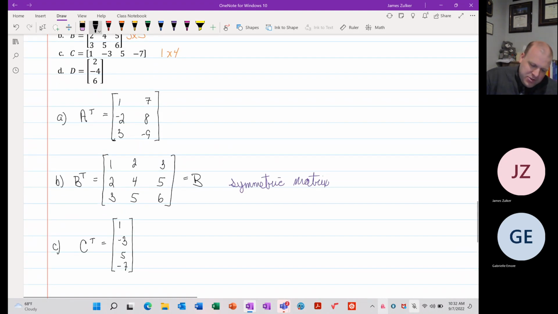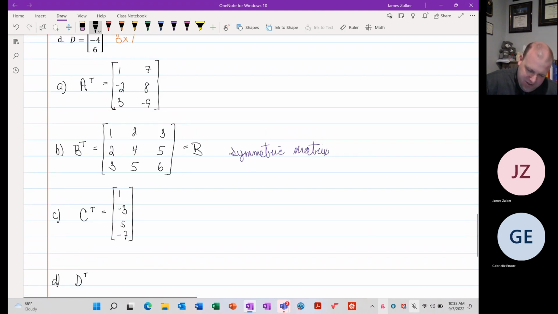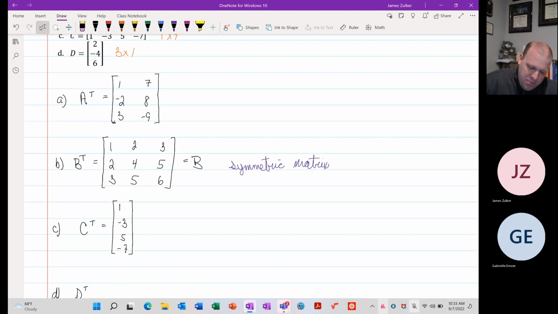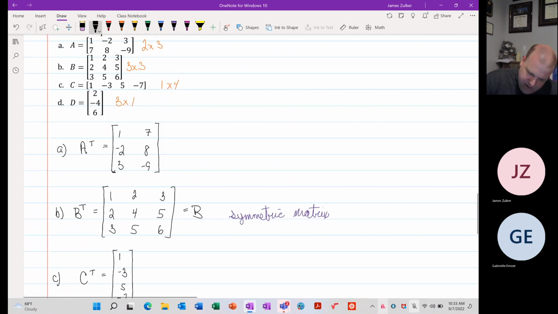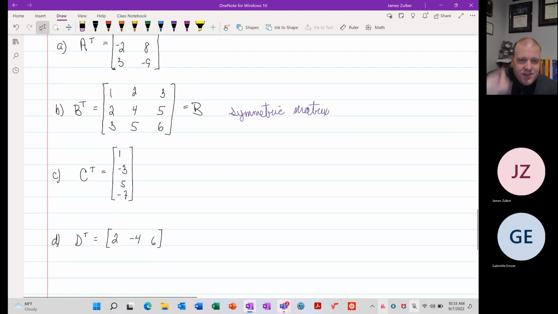And finally, if we look at D transpose, well, D is a 3 by 1 column matrix, right? Or a 3 vector. That's going to now become a row matrix with 3 columns. So it'd be 1 by 3. Right, and it's 2, negative 4, 6.